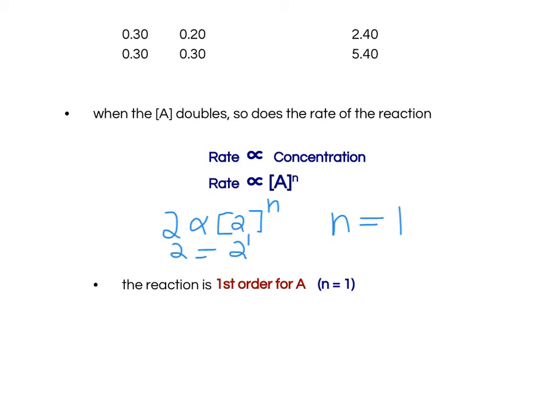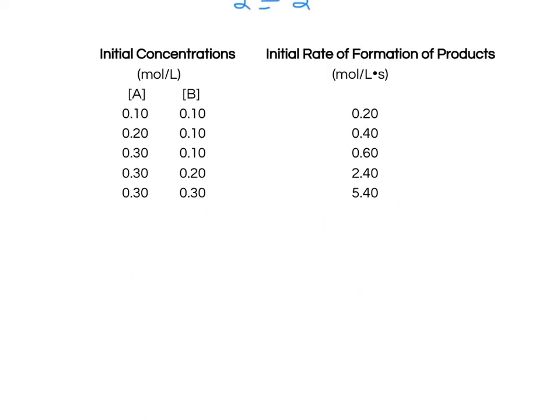We need to look and see the effect of reactant B and its changing concentration on the rate. So let's do that. Just a reminder again, when we're looking at data, we want to see the effect of one reactant on the overall rate when the other reactant's concentration remains stable.